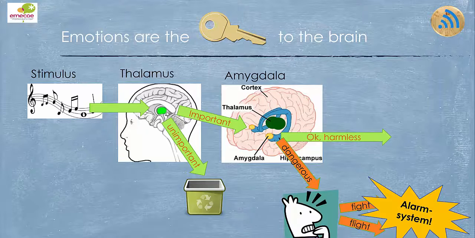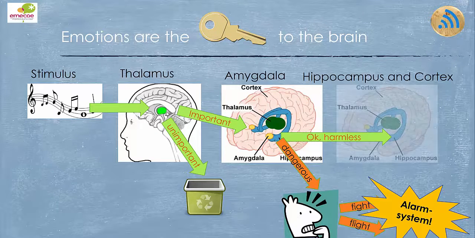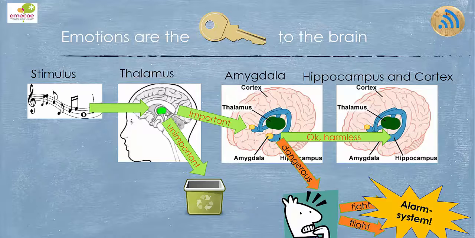Let's go back to the incoming signal and assume that the amygdala has decided it's harmless. Only then is the stimulus passed on to the hippocampus and the cortex. And only then will any higher order processing take place in the cortex.